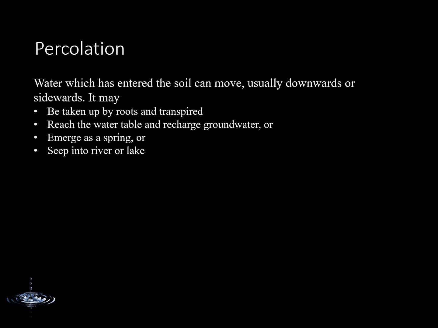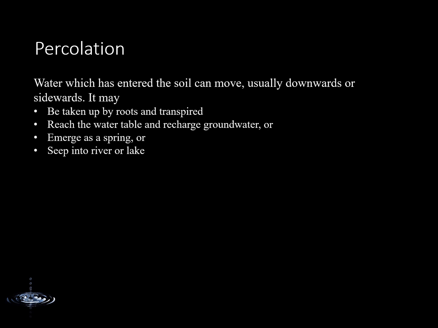As the water moves through the soil, it can be taken up by the roots of the plants and transferred back into the atmosphere. And this process helps to maintain the soil moisture and obviously support the plant growth. Alternatively, the water that moves downward can eventually reach the water table, and that is called the groundwater recharge.